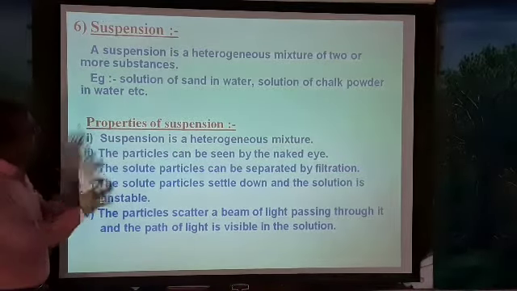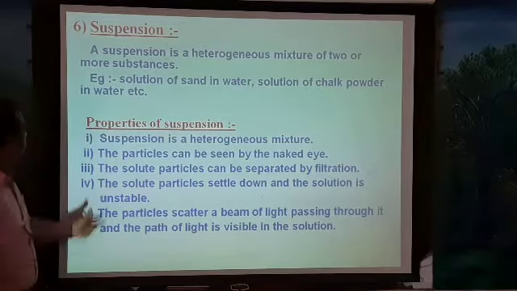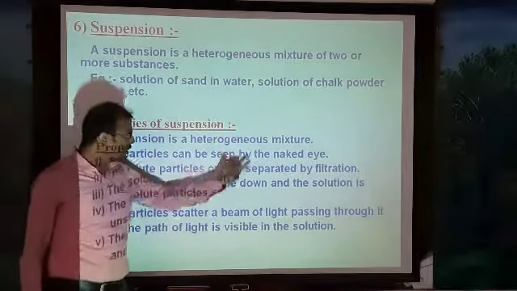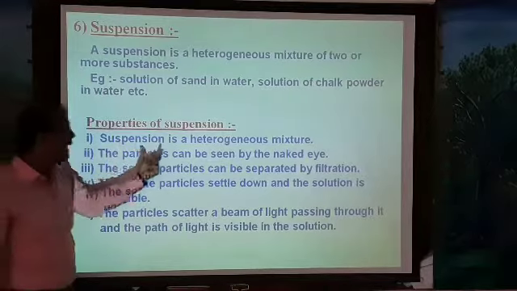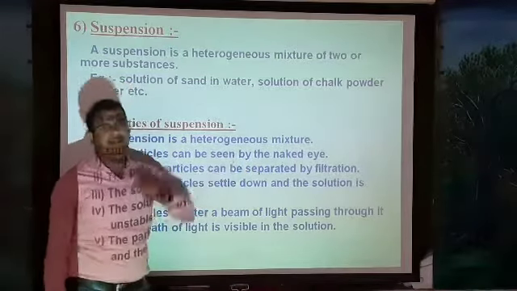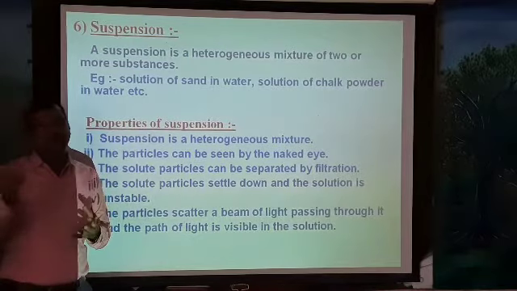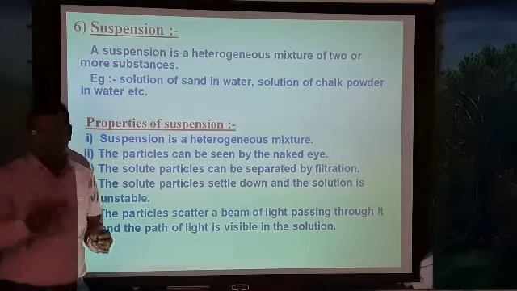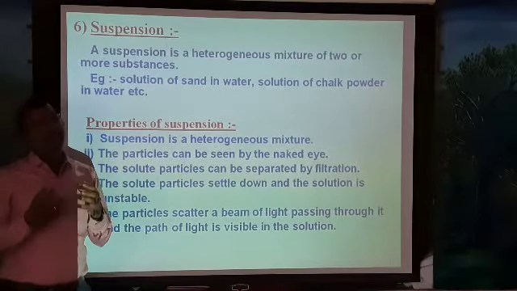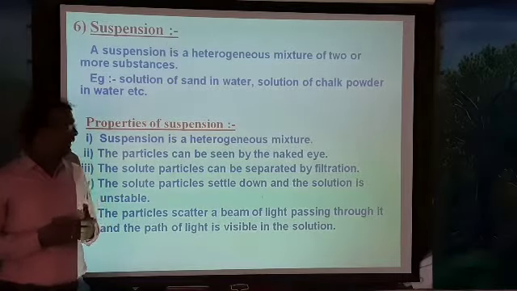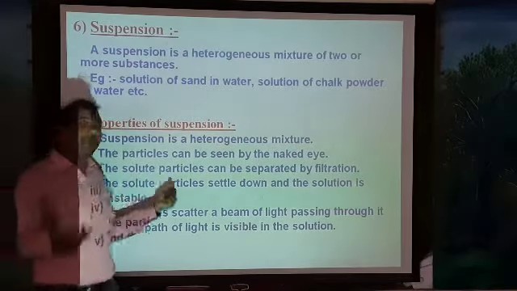So what are the properties of a suspension? The suspension is a heterogeneous mixture. The particles can be seen by the naked eye. For example, if you mix sand into water, you can easily see the sand particles inside the water, and we can separate them.